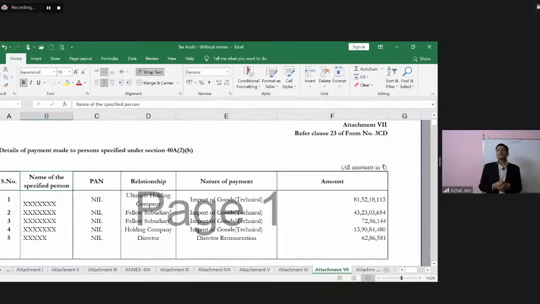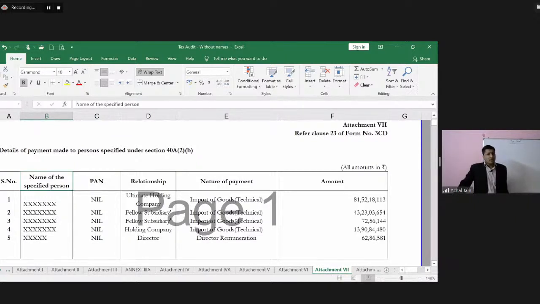This can be done by having discussions with the management, by understanding their transactions, and by also looking at the group structure and the organization structure, through which the auditor will get to understand all of these possible specified persons. In respect of those specified persons, the ledgers will be reviewed and scrutinized, and the transactions with those parties will also be scrutinized on a test check basis.